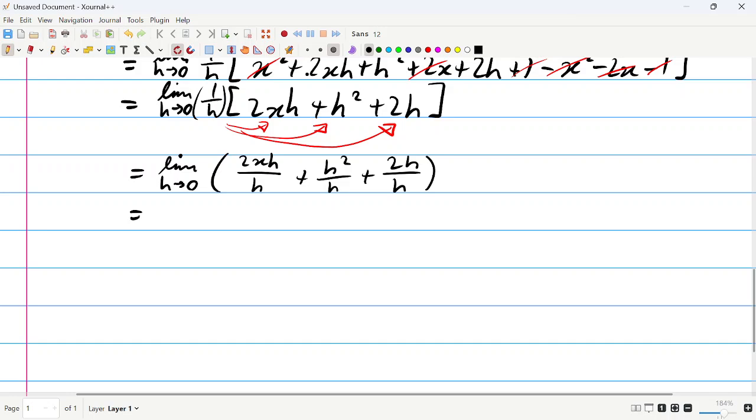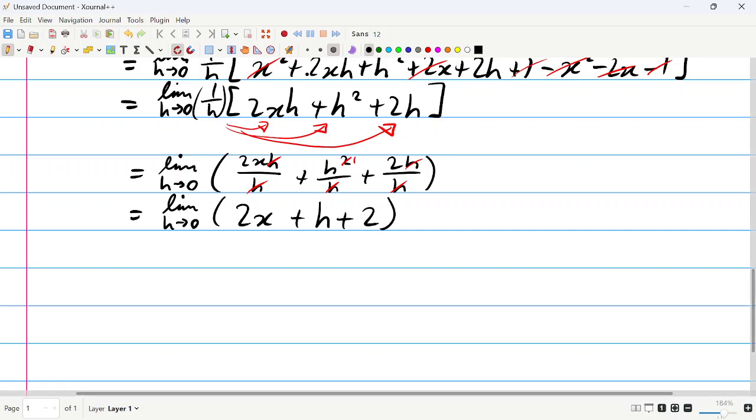Okay. And then this is equal to the limit as h approaches 0 of, and then we can see the h cancels here, the h squared cancels with the h, so therefore we're left with h to the power of 1, and the h's cancel here. And then what are we left with? We are just left with 2x plus h plus 2.